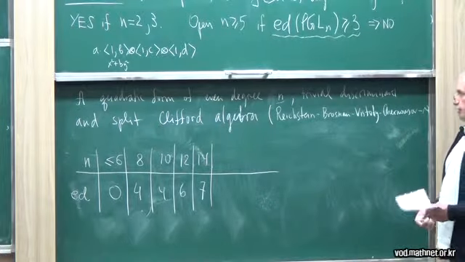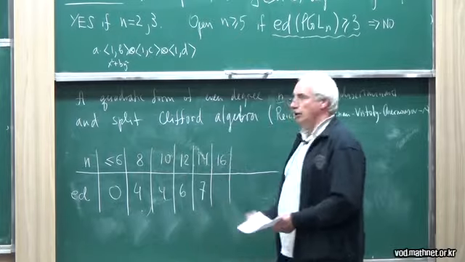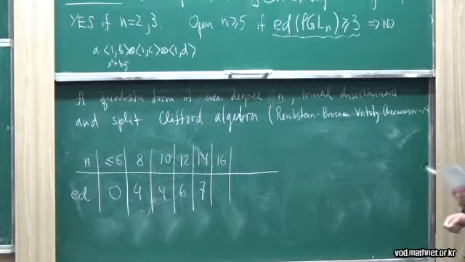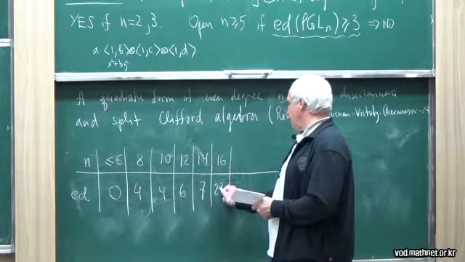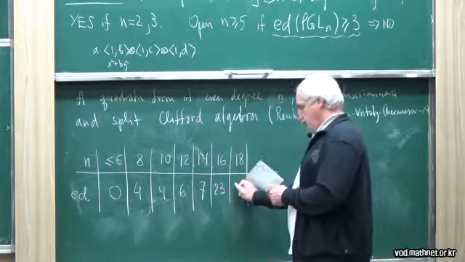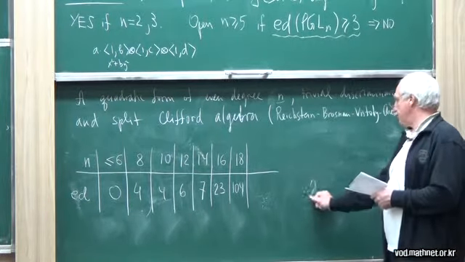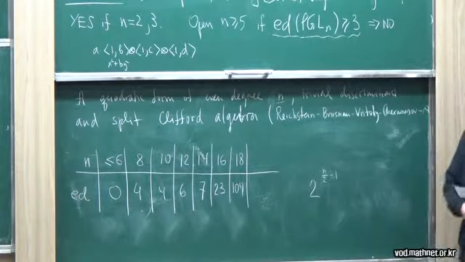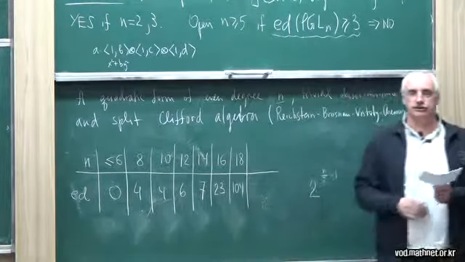And what happens after that is quite interesting. For degree 16, where in fact we don't expect any reasonable classification of such forms, the essential dimension already jumps up to 23. And if you look at 18, it is 104. In fact, this value is approximately 2 to the n over 2 minus 1. So it's exponential, which you don't see when you look at the short part of this list.